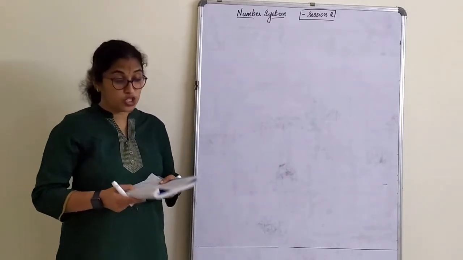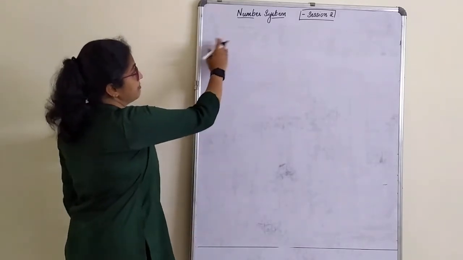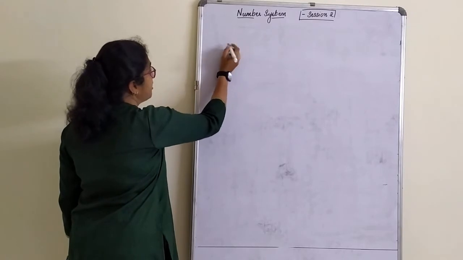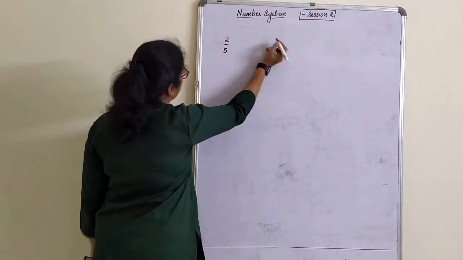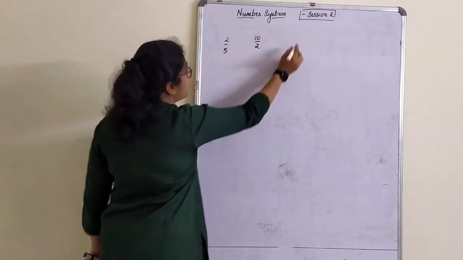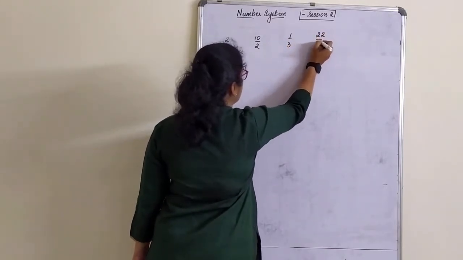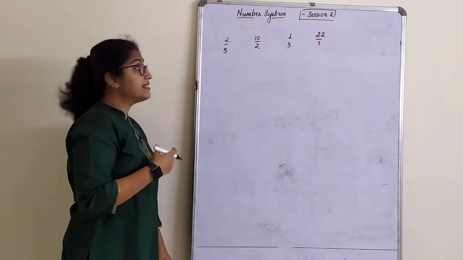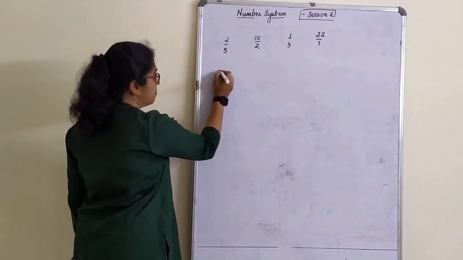In today's session, before I start with an exercise, I want you all to tell a few things. If I give you a set of numbers, say 2 by 5, 10 by 2, 1 by 3 and 22 by 7, I'll start dividing these numbers by the usual division method.